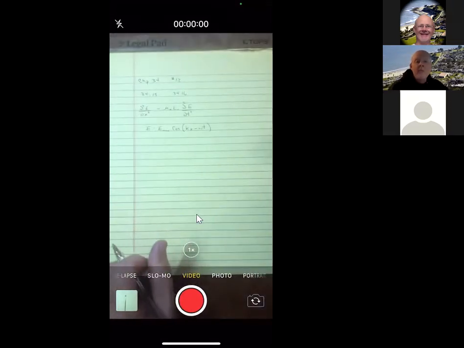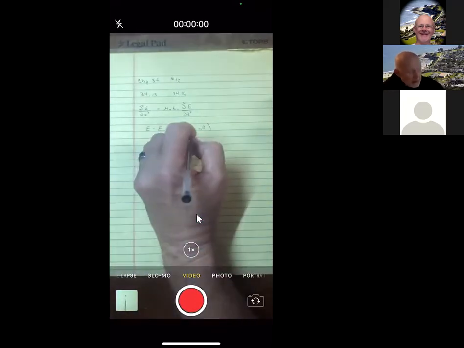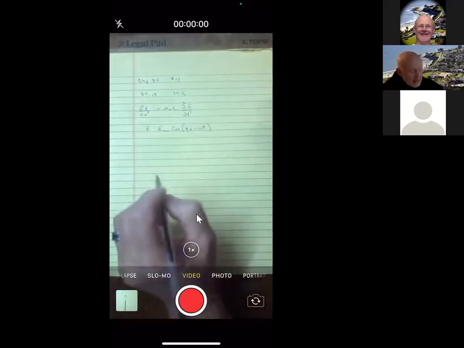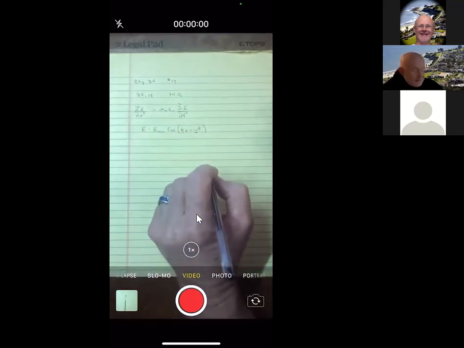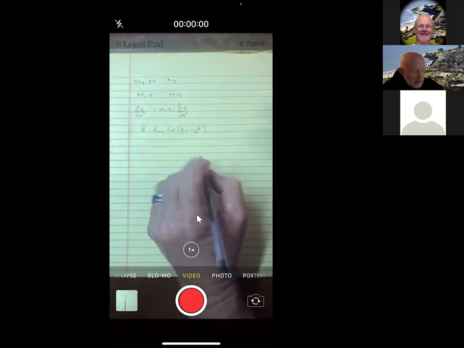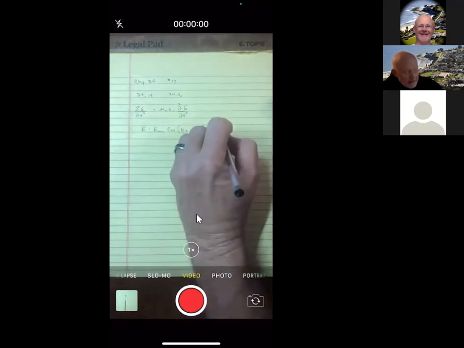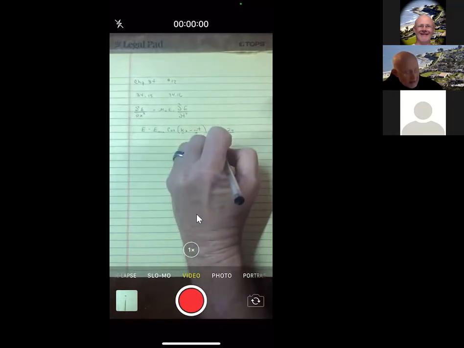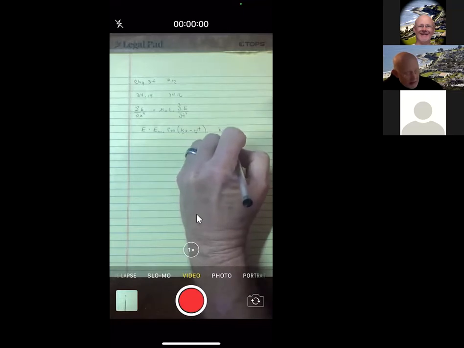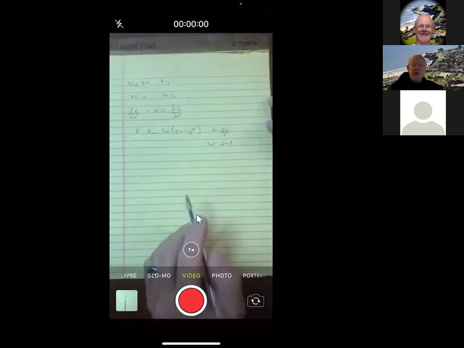All right, now there's something buried in this mathematical equation that you may not be as familiar with, because this k and this omega I think will be needed here. The k, called the angular wave number, is 2 pi over lambda, and omega is 2 pi times the frequency.